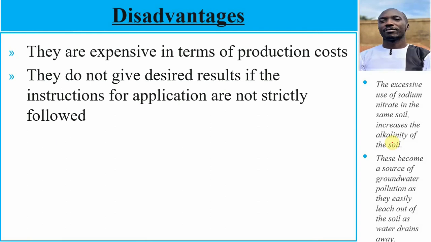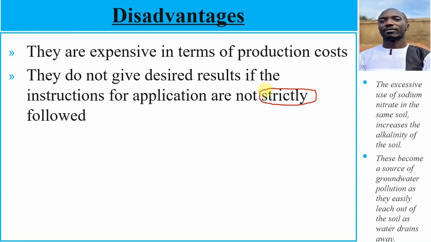Then secondly, they do not give desired results if the instructions for application are not strictly followed. Like we said, they give you a good yield when applied in small amounts. If you apply too much of them, then you might not get what you expected.